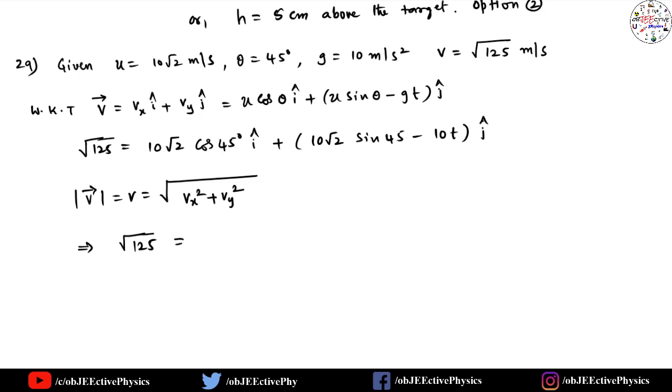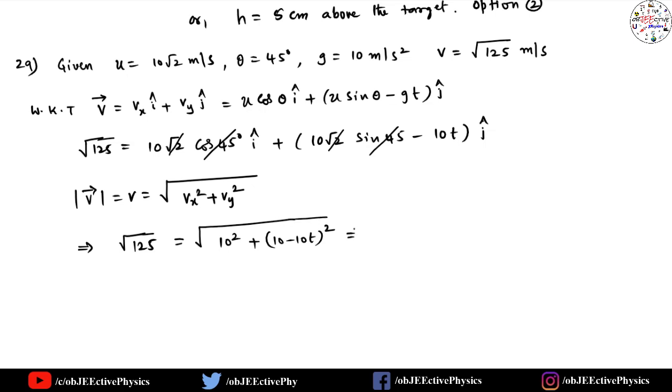Here 10 root 2 into cos 45, cos 45 is 1 by root 2, cancel, and here sin 45, root 2 cancel. So square root of 10 square plus 10 minus 10t whole square.